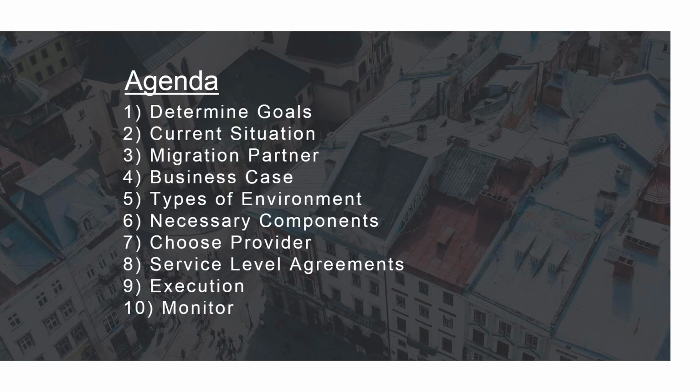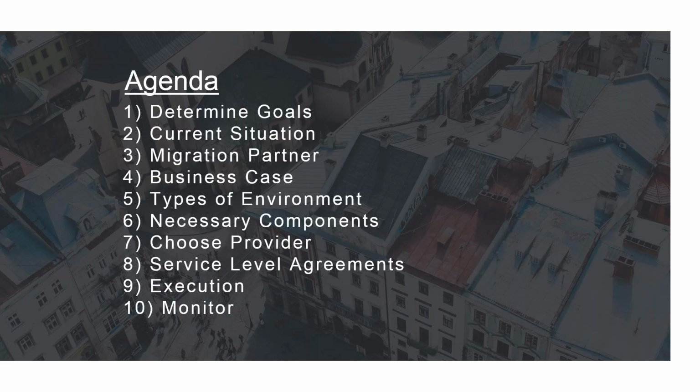So a quick overview of the various environments, cloud environments that are at your disposal. 6, the necessary components. So basically, what components will be essential to your cloud success. 7, choosing your provider, deciding on which partner is best suited after understanding all your requirements.